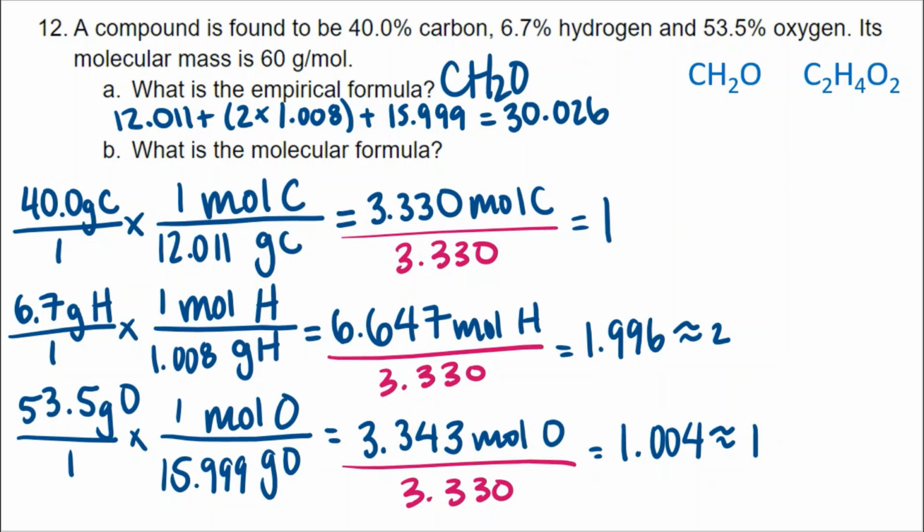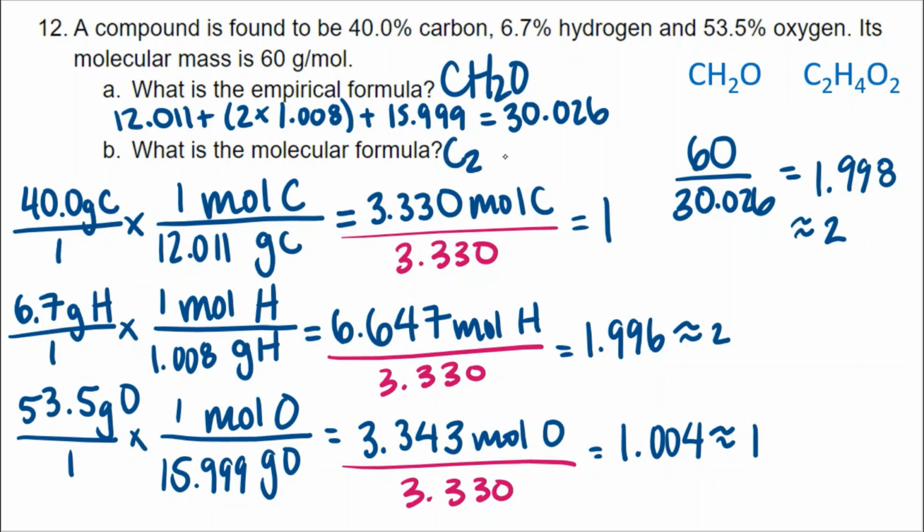So we need to see how many times that goes into my molecular mass here. So once I do this division, it's going to be something very close to 2. So I get 1.998. So I'm just going to round that to 2. So that means that my molecular formula is twice my empirical formula, C2.